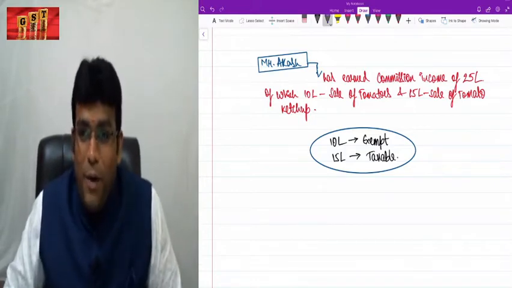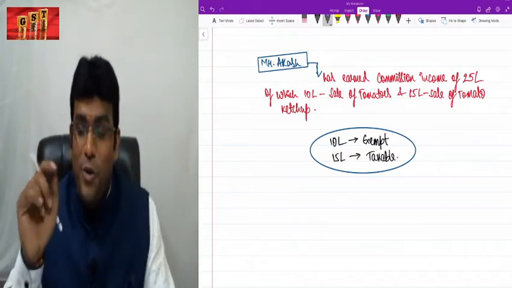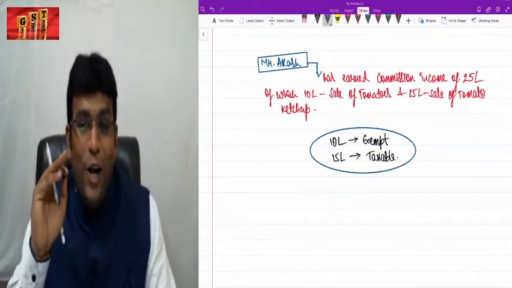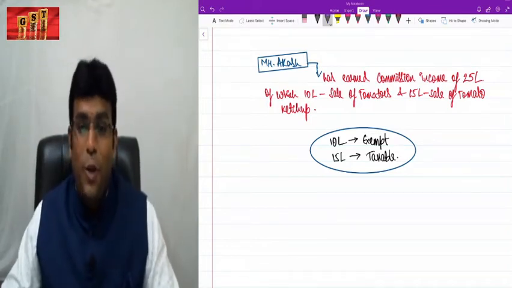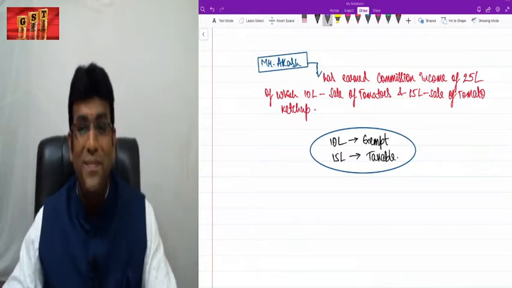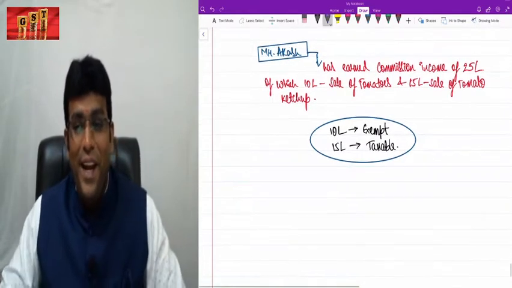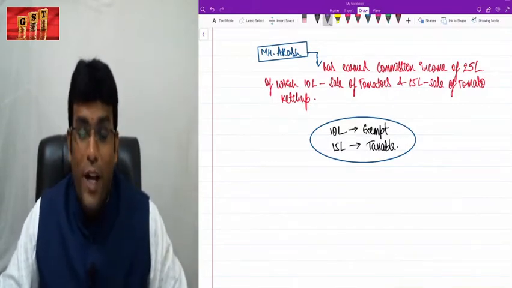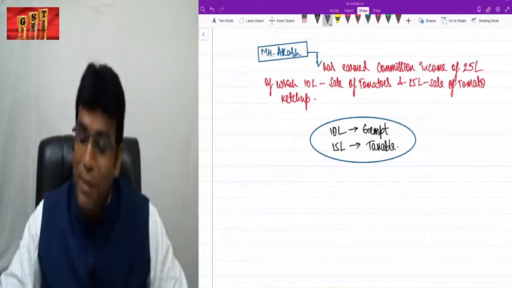Tomato is an agriculture product, but tomato ketchup is not. So GST will apply on 15 lakhs, but GST will not apply on 10 lakhs, because on sale of tomatoes the commission income is straight away exempt. Just take this example once. Interesting point, small points, but very interesting, very powerful.